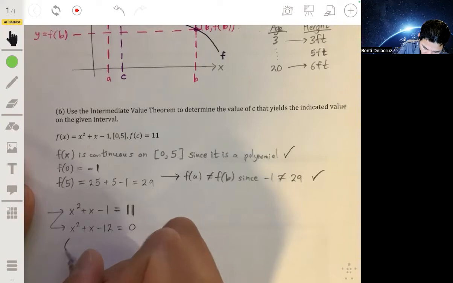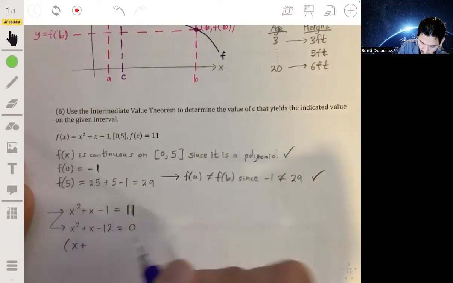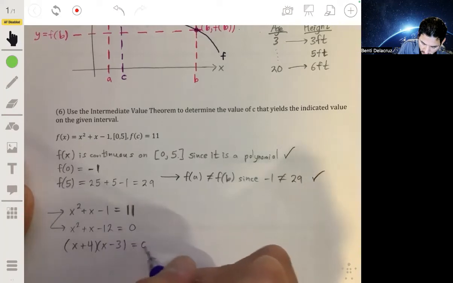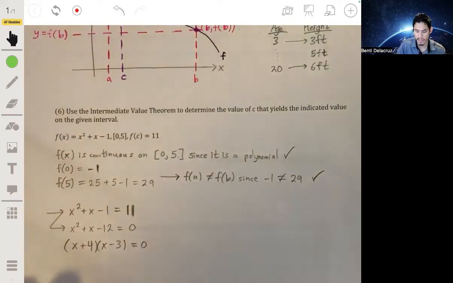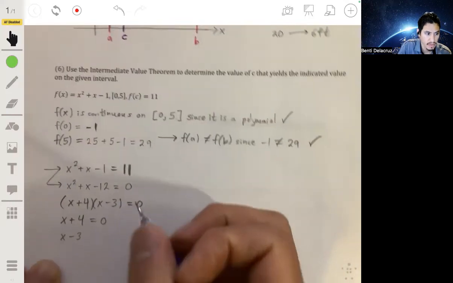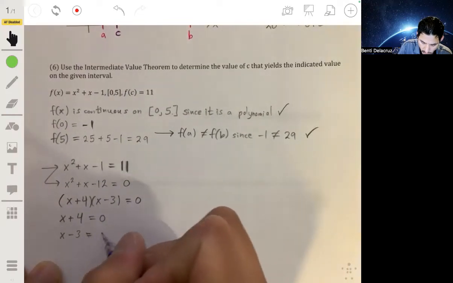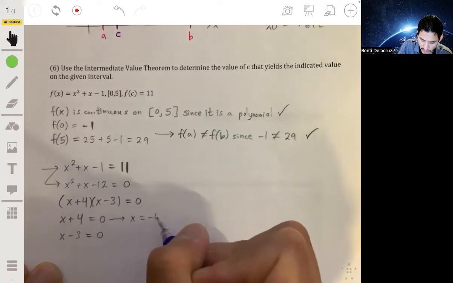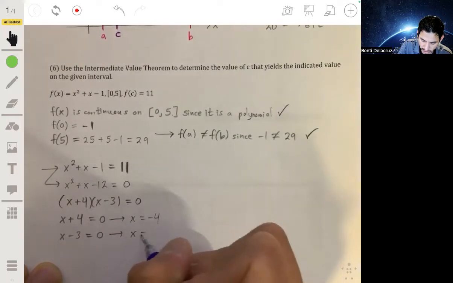Factor this. So x plus 4 times x minus 3 equals 0. Then we have two possibilities: x plus 4 equals 0, and x minus 3 equals 0. So we could say x equals -4, or x equals 3.